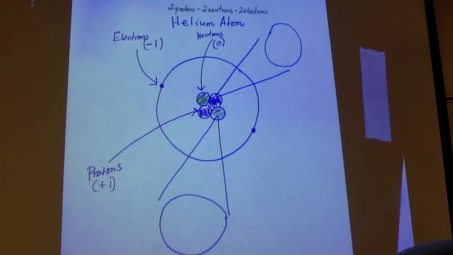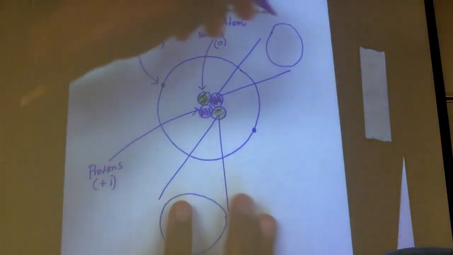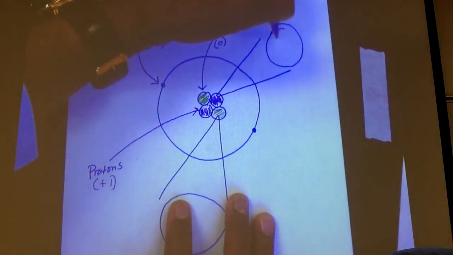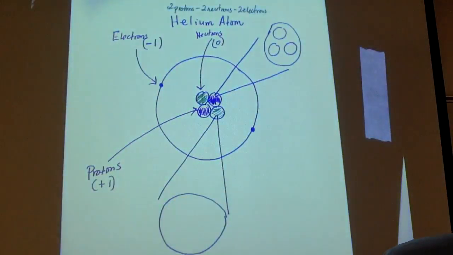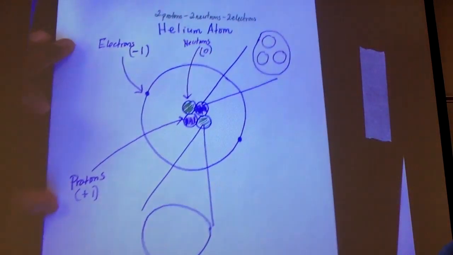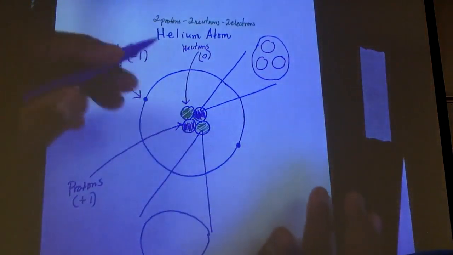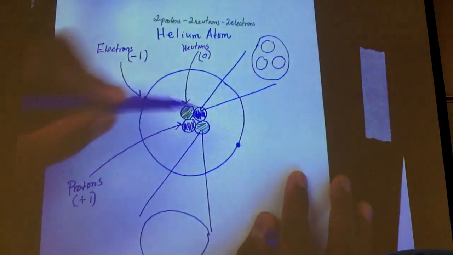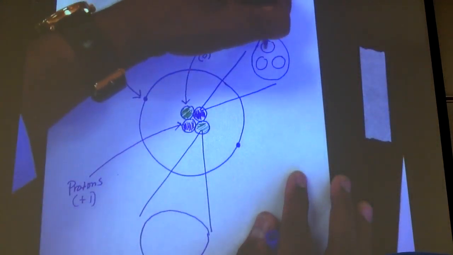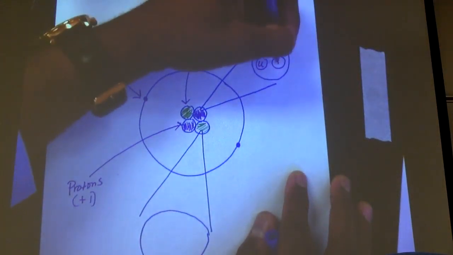So let's start with the proton. If you said there are quarks inside, then you are correct. And if you drew 3 quarks in there, then you're also correct. But did you draw the correct quark configuration? If this is a proton, then we should have 2 up quarks and 1 down quark.